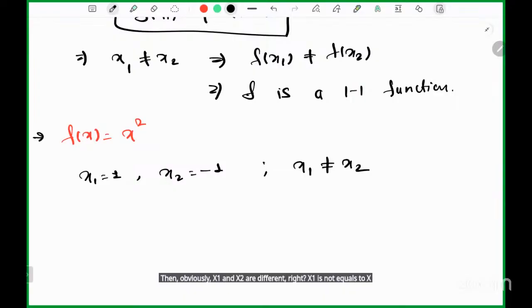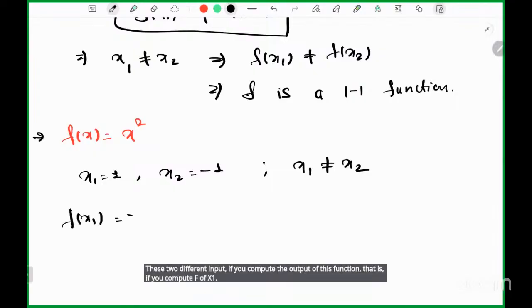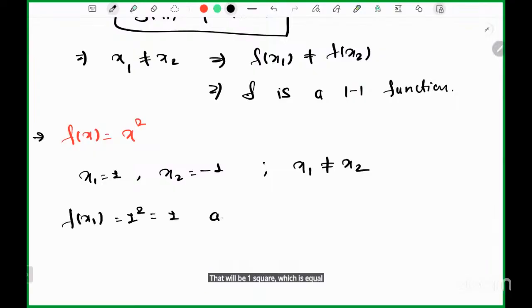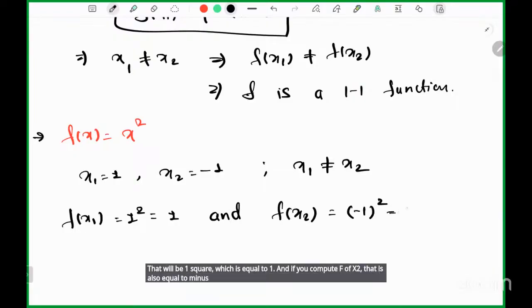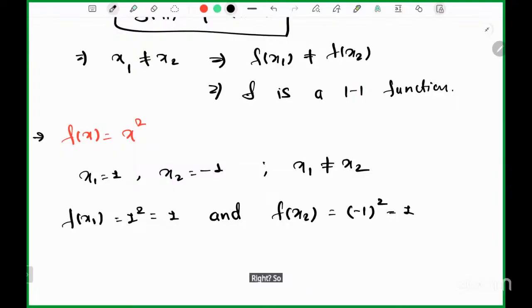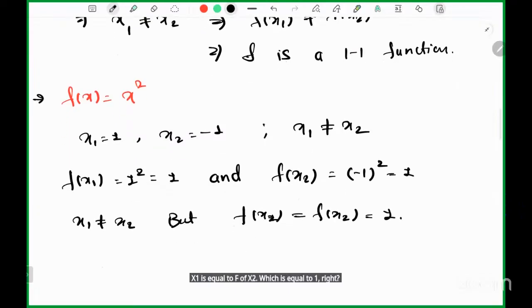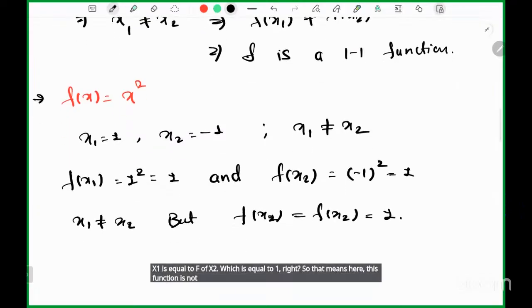But corresponding to these two different inputs, if you compute the output of this function, f of x1 will be 1 square, which is equal to 1. And f of x2 is minus 1 the whole square, which is also equal to 1, right? So here what is happening? We have x1 not equal to x2, but f of x1 and f of x2 are both the same, equal to 1. So this function is not satisfying the property of 1-1. So you can say that f is not a 1-1 function.